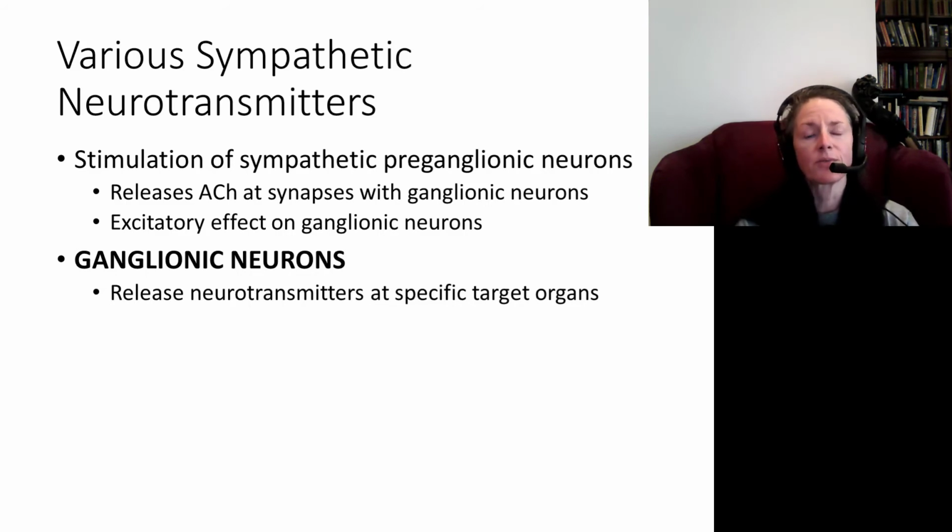We will see that this is the same in the parasympathetic division as well. So all preganglionic neurons are going to release acetylcholine. And they are going to be releasing acetylcholine on synapses that are very similar to what we've seen in other places, like the neuromuscular junction. At the other side of that synapse, on the target cell, we are going to have a ligand-gated receptor.